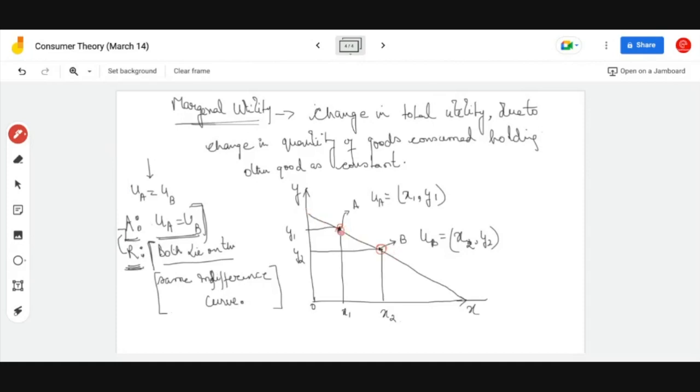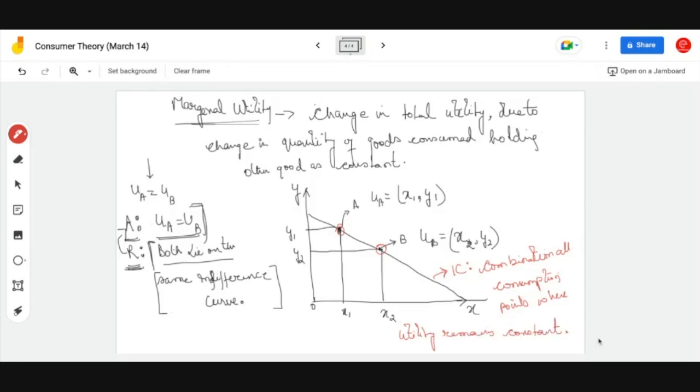We have discussed that indifference curve is nothing but a combination of all consumption points where utility remains constant.